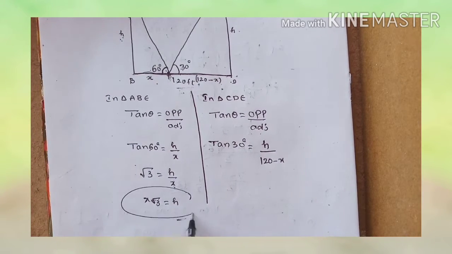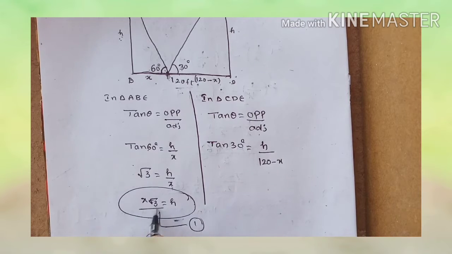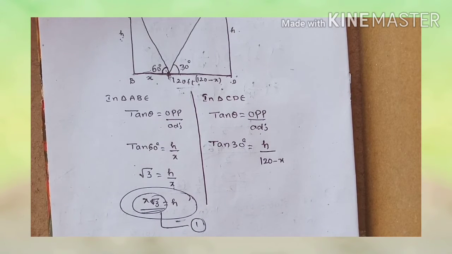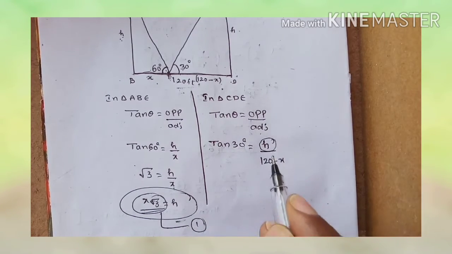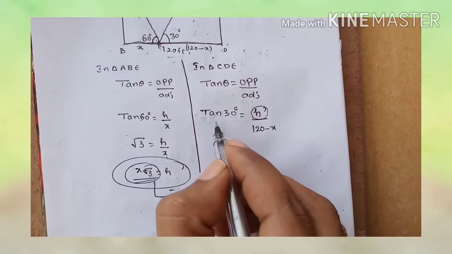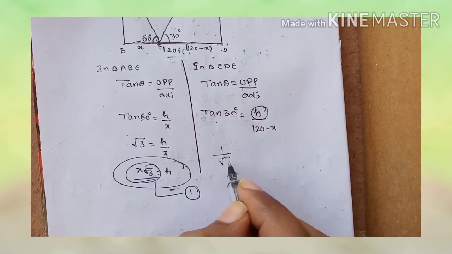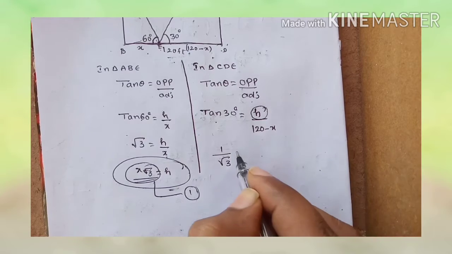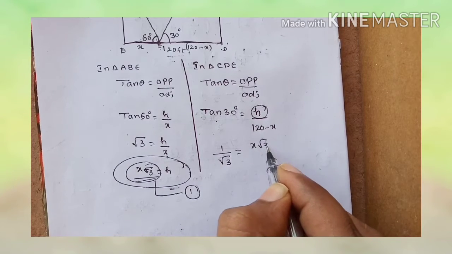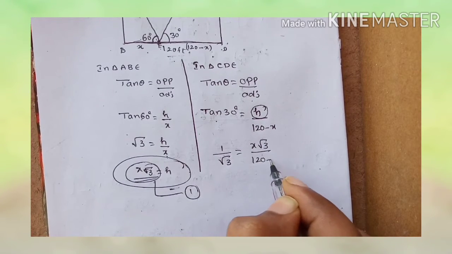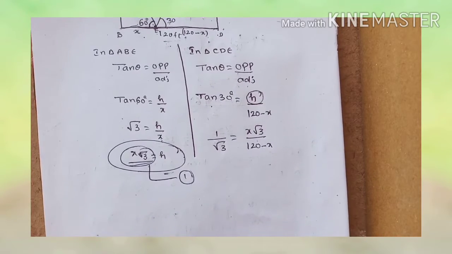We already calculated h equals x root 3, so substitute it here. Tan 30 is 1 by root 3, so 1 by root 3 equals x root 3 by 120 minus x.